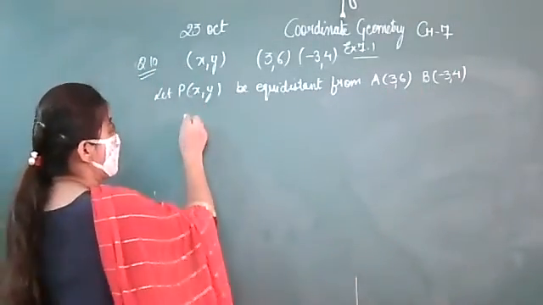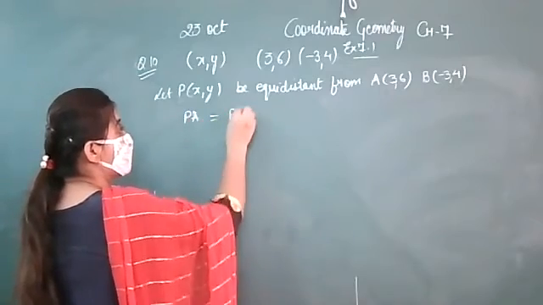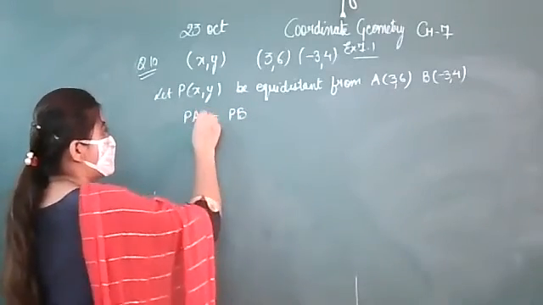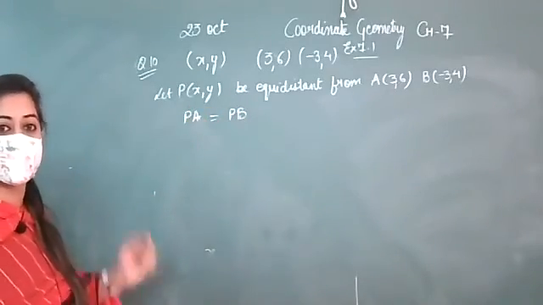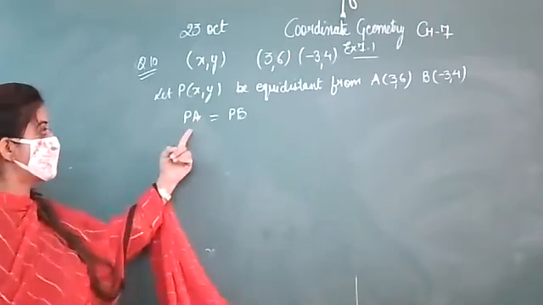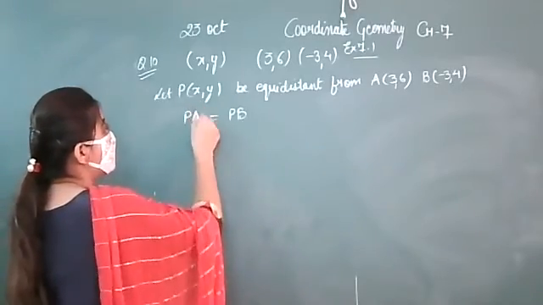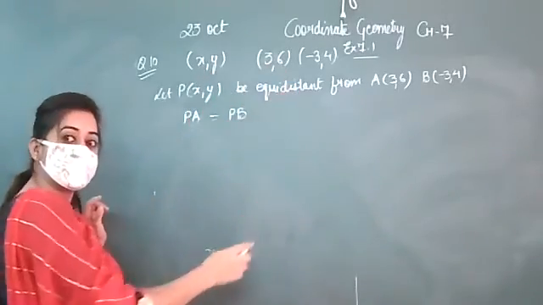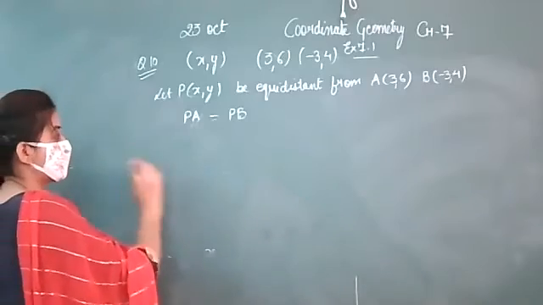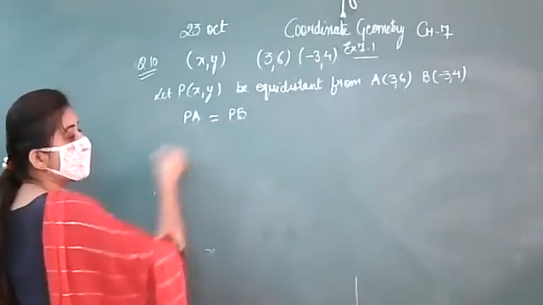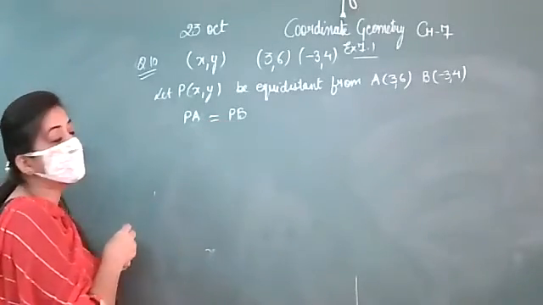Then what does it mean? That means PA is equal to PB. But the same type of question number 7 and 9 that we have discussed just now, it is similar to that. Okay, but in this you have given 2 variables, so no difference is there. Actually, formula is same, calculation is same, but you will get the answer in 2 variables.